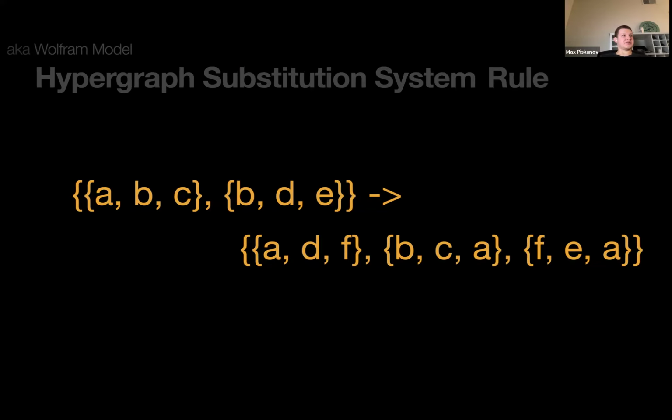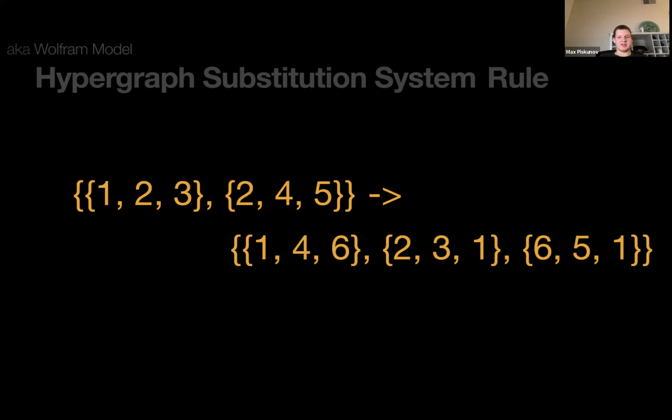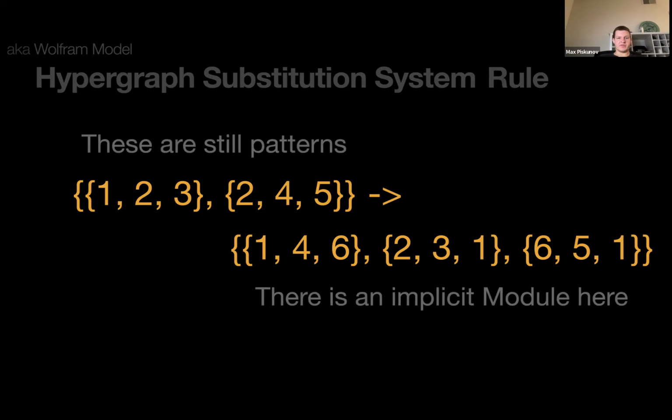Once we do that, we can also replace the variables with just numbers. And so we get a form for hypergraph substitution rules that you might be familiar with from Wolfram physics project materials. The left-hand side is still patterns, and the right-hand side has an implicit module. But this form of rules is shorter and easier to enumerate and so on.